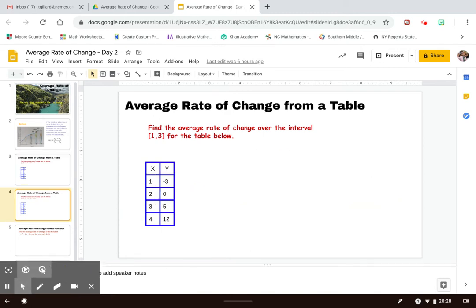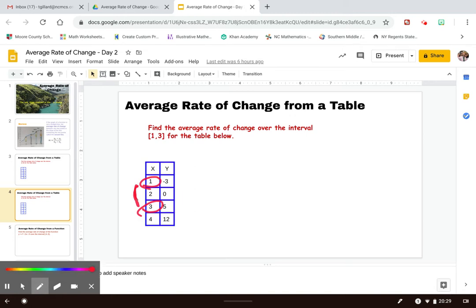Okay, so let's do another example of average rate of change from a table. This one says to find the average rate of change over the interval 1, 3 for the table below. So again, the 1, 3 means I'm using the interval where x is 1 and x is 3. This is where I'm looking for the average rate of change.